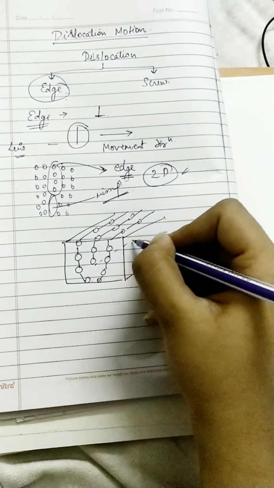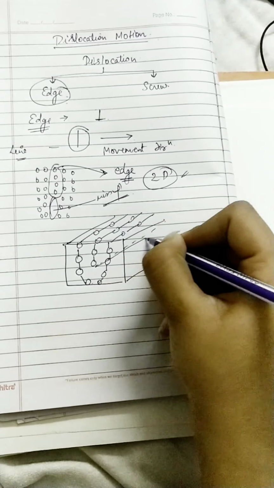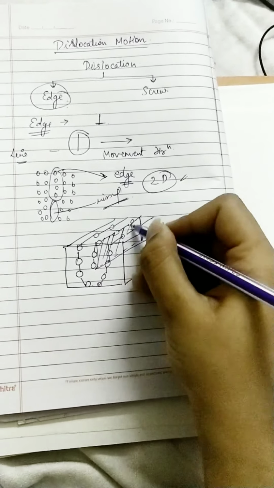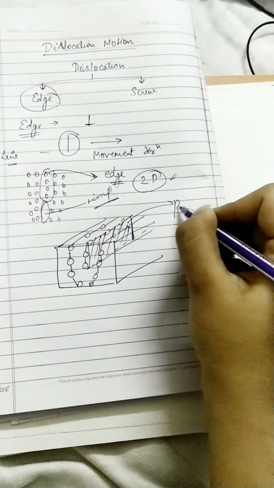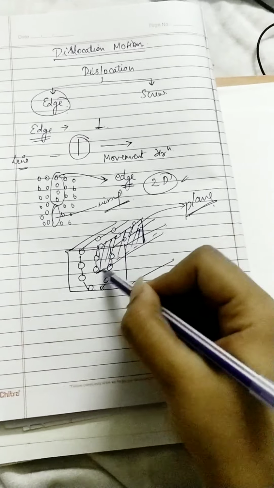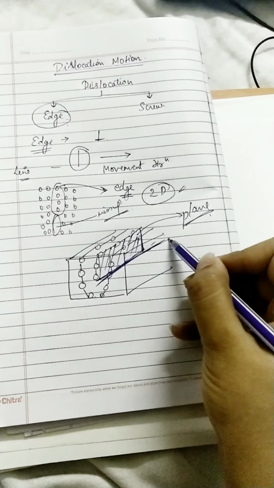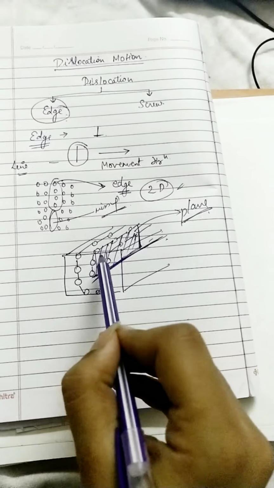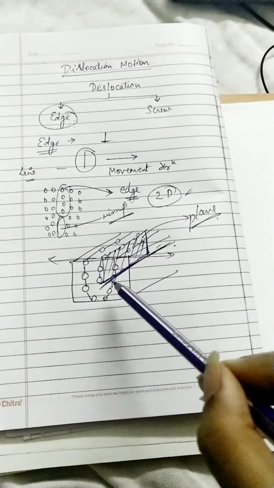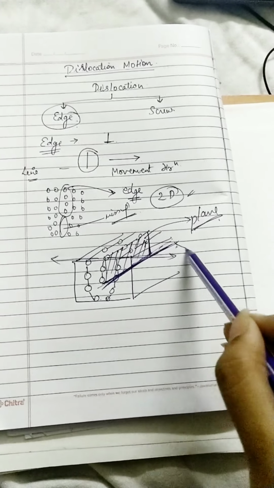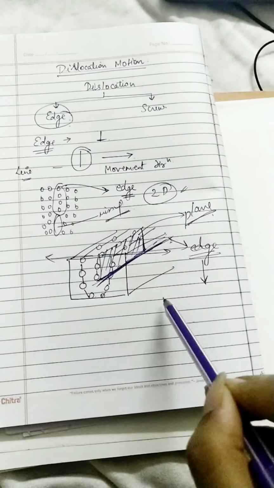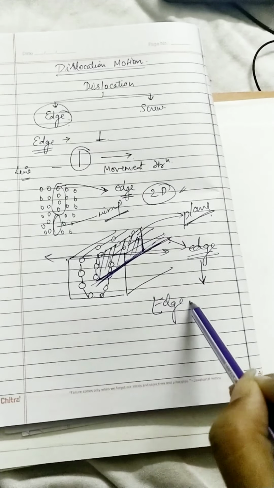Now, the particular plane associated with the defected atoms, this is the dislocation plane. And the edge of this plane, this is the edge dislocation which we are talking about. I hope you are clear about what edge dislocation is.